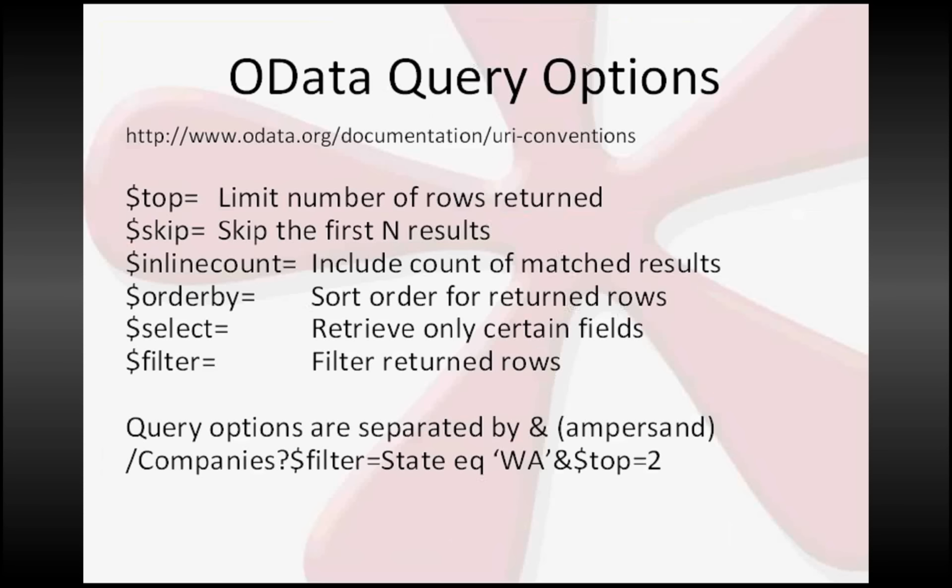Inline count allows you to tell the service whether or not to tell you how many results it has available for you. Order by allows you to sort the results, and select allows you to pick only certain fields to reduce the payload of what's sent back. And finally, filter, which is perhaps the most important one, allows you to filter data and indicate which records specifically you want to retrieve.